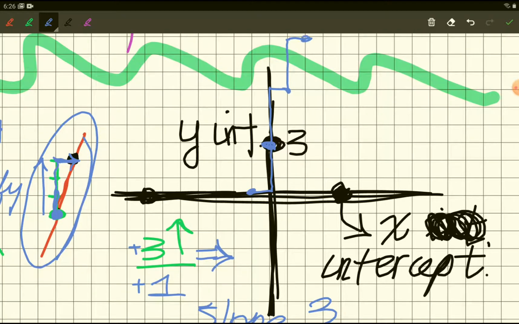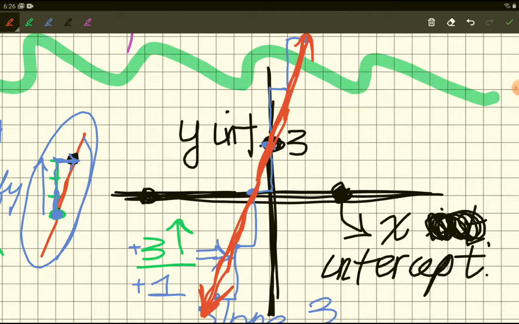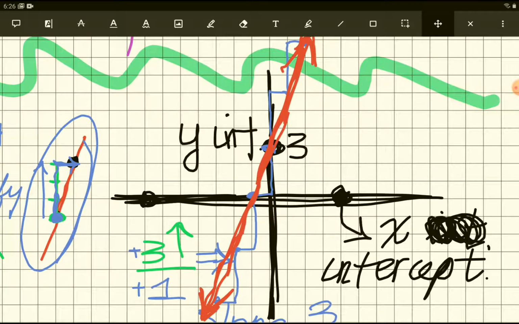One, 2, 3, and so I go the exact opposite, down, left, down, left. So now I have lots of points. I can easily connect them to form that's supposed to be a straight line. And I mean, you guys get the idea. You guys are very smart.